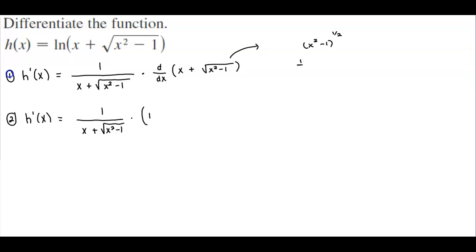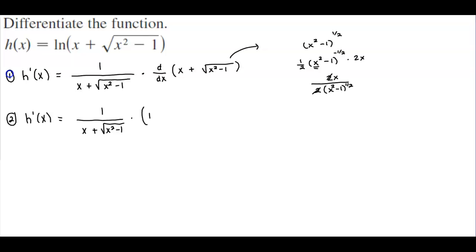Taking the derivative makes that 1/2 times the square root of x squared minus 1 to the negative 1/2 times the derivative of what's inside, which is 2x. So therefore, this is going to become 2x in the numerator times 1 over 2 times the denominator, which is x squared minus 1 to the positive 1/2.